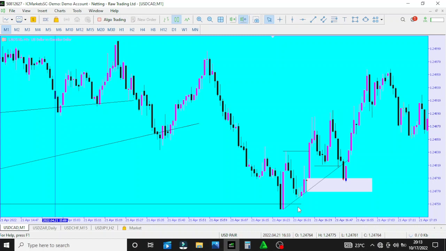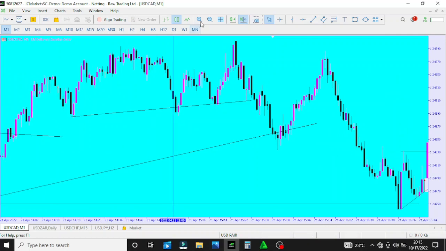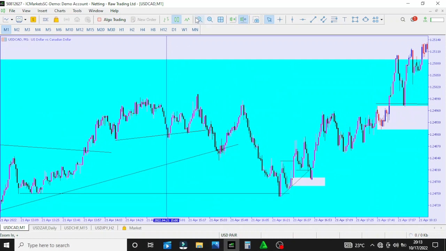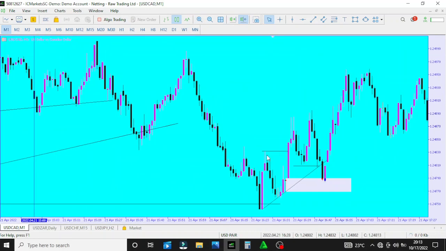Alex, Waka and Wally, they always talk about market intention. You have to be able to read market intention. You see, after this grab of the liquidity of these equal lows, the price went on and broke the structure and created this high. You see this high, low, high, low, high, this bullish order flow.